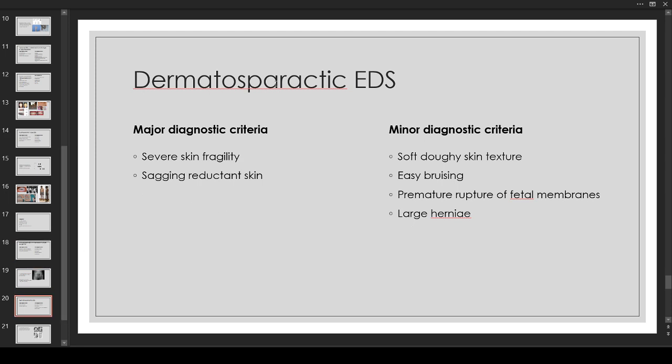And dermatosparactic EDS, finally, is going to have two major criteria: the severe skin fragility and the saggy redundant skin. As I said earlier in the video, there are going to be signs or symptoms that are more prevalent in some subtypes than others. The skin is mostly involved in this case. Alongside the saggy redundant skin, the minor criteria are soft doughy skin texture, easy bruising, large hernias, and premature rupture of the fetal membranes.